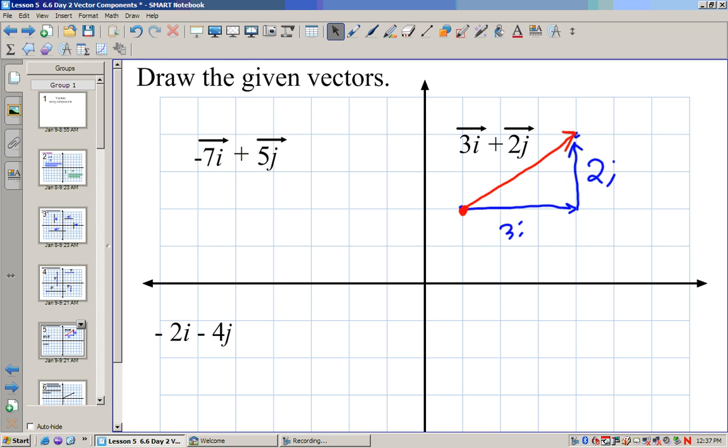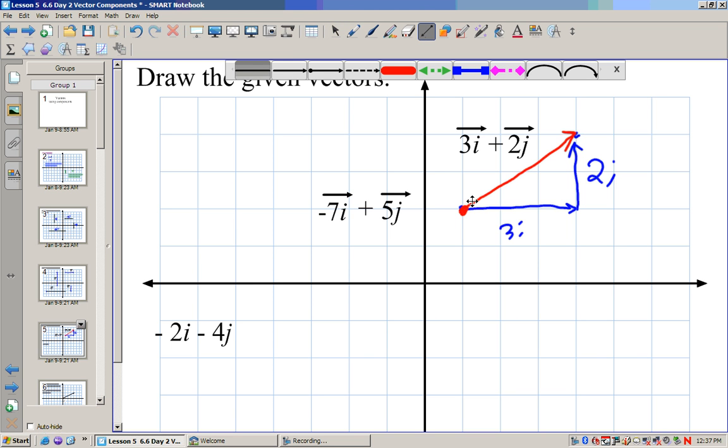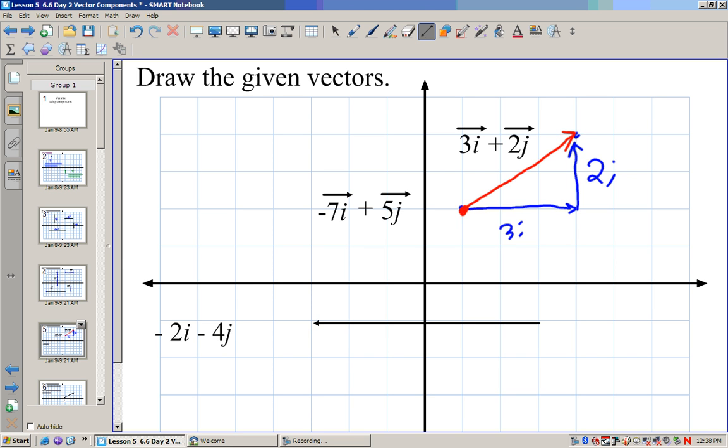Now if I did negative 7I plus 5J, I'll start over here. Negative 7I would go 1, 2, 3, 4, 5, 6, 7. 5J would go up 1, 2, 3, 4, 5. So this vector starts in this corner and goes up there.